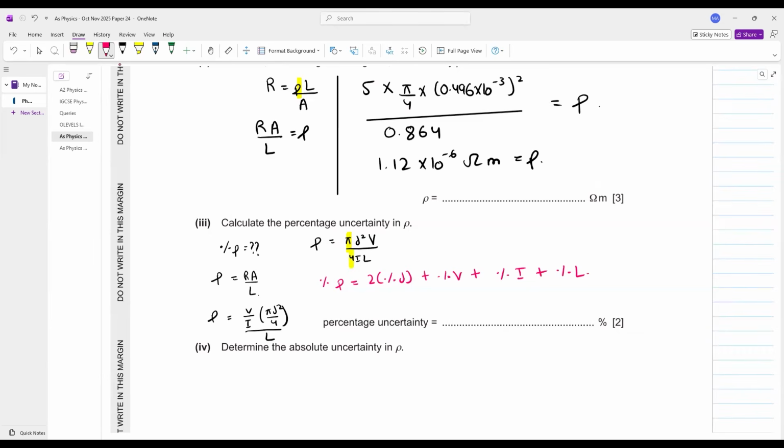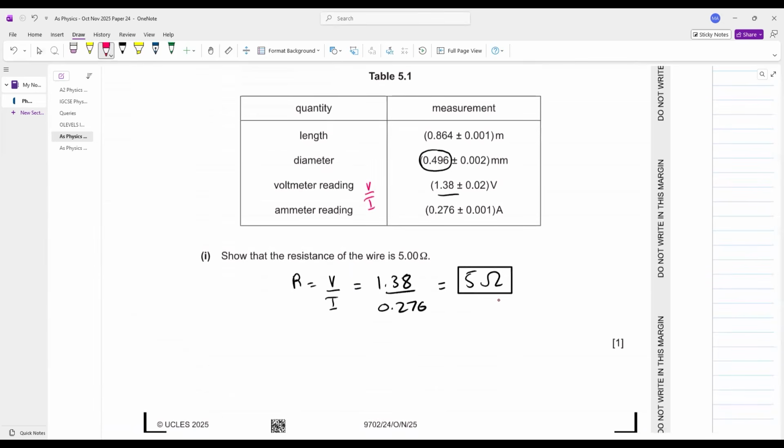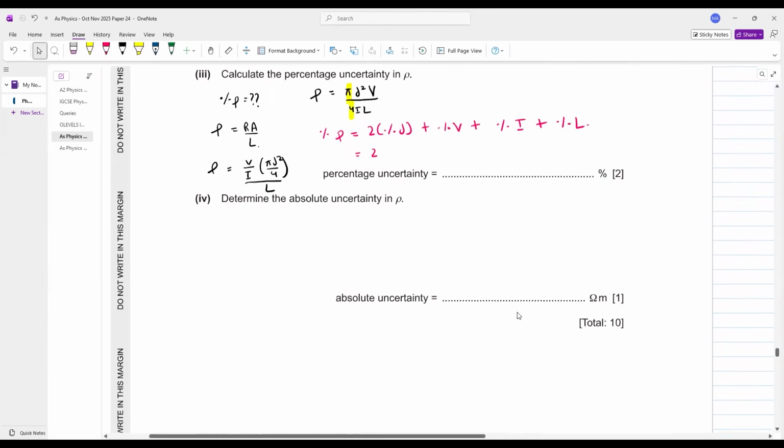2 times क्यों किया है हमने diameter की percentage uncertainty को? Because diameter is squared, plus the percentage uncertainty of voltage plus the percentage uncertainty of current plus the percentage uncertainty of length. Now how will you calculate the percentage uncertainty in diameter? Diameter की absolute uncertainty is 0.002, actual value is 0.496.